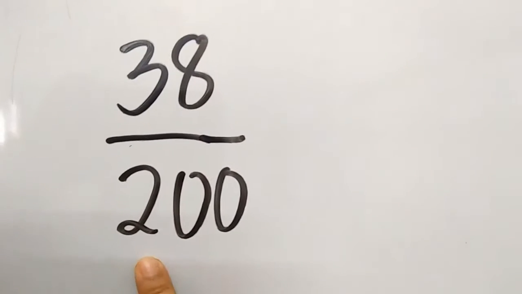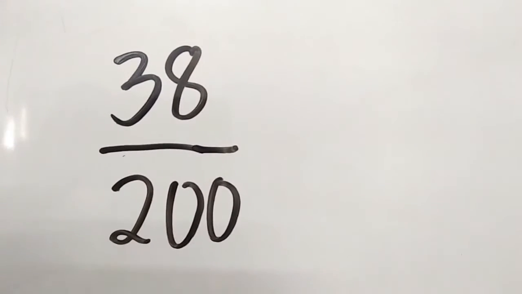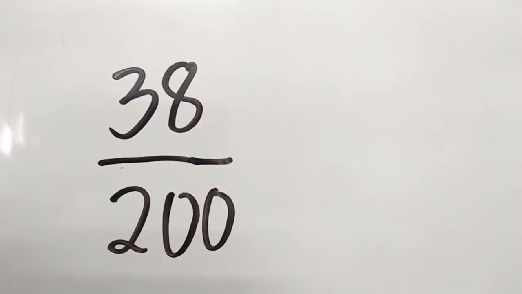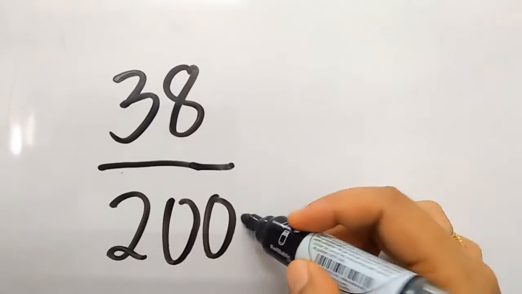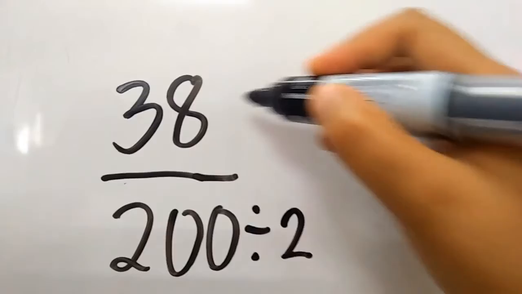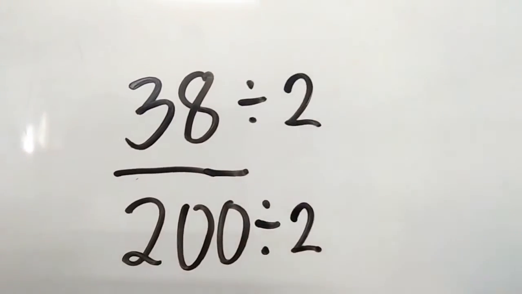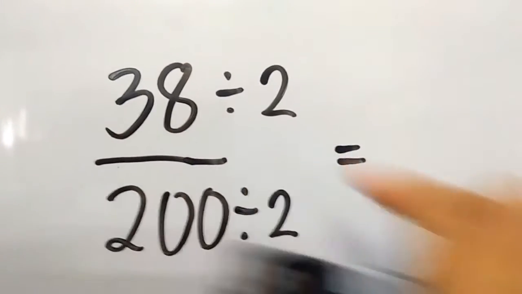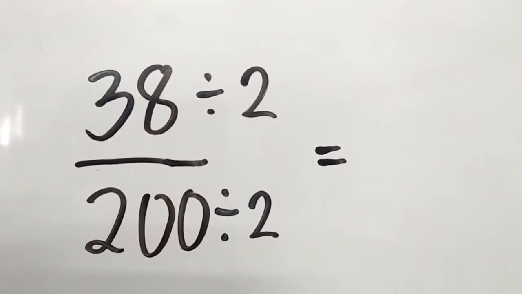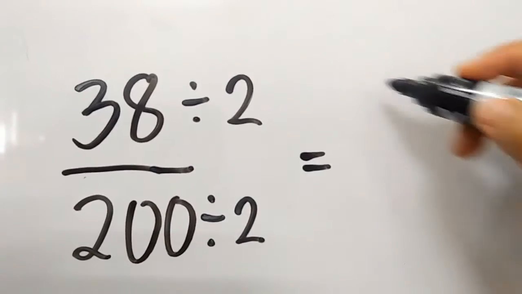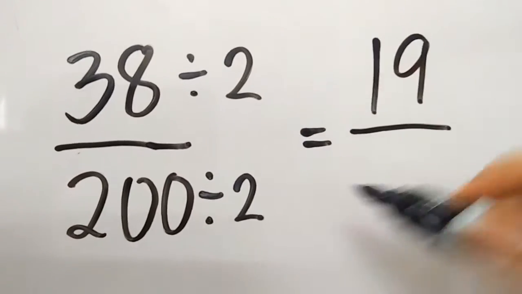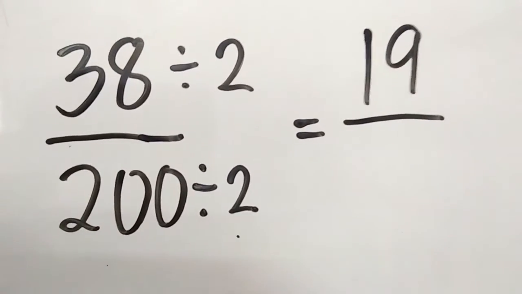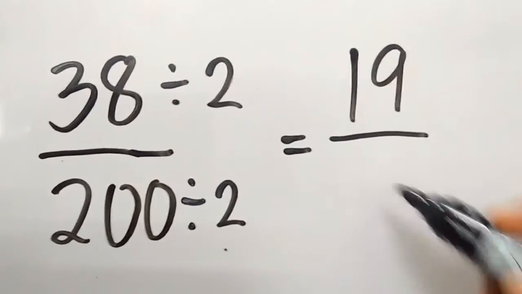How are we going to make 200 into 100? Yes, we're going to divide by 2. It means we're going to divide 2 also on the numerator. So let's divide. 38 divided by 2 is equal to 19. 200 divided by 2, 100.